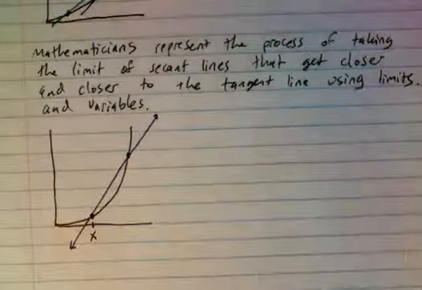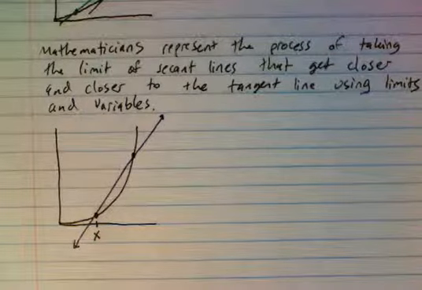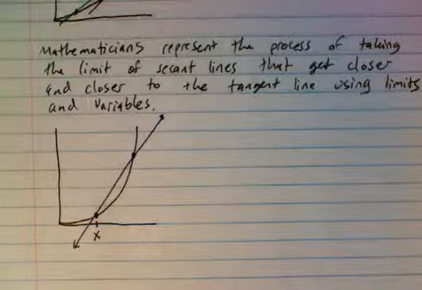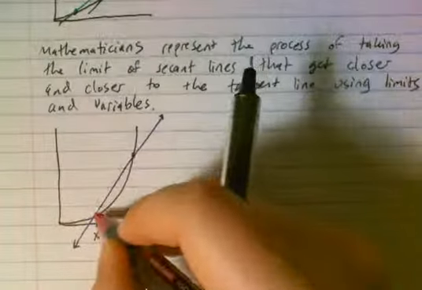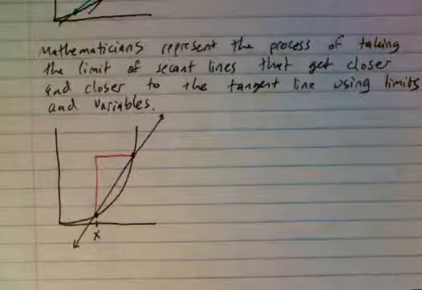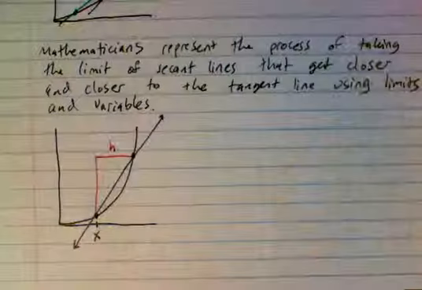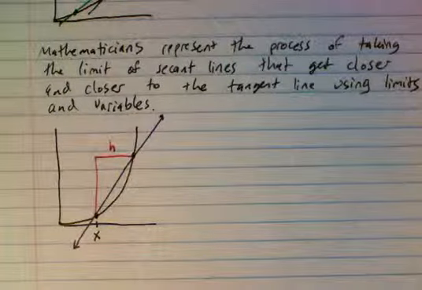We're just going to let that be x, some number, any number. We really don't care. And from x, we're just going to go up and over in order to get to our next point, like that. And we're going to let the distance that we go over be h.